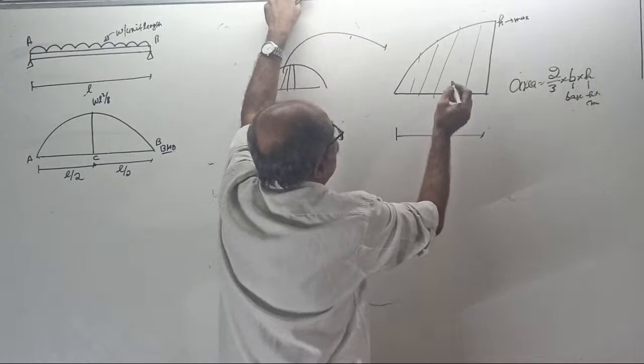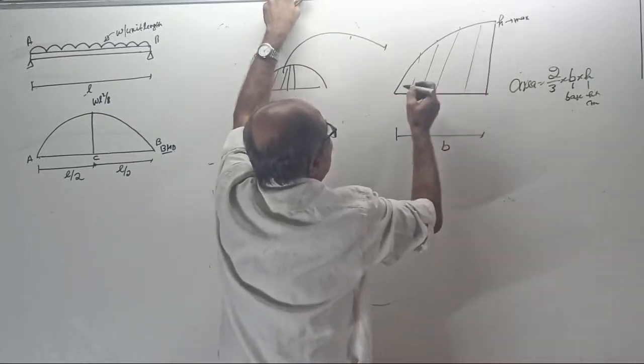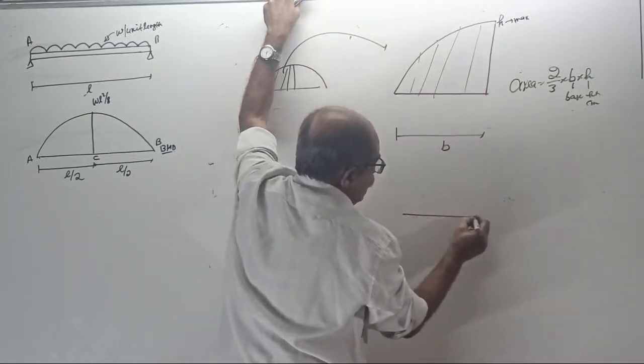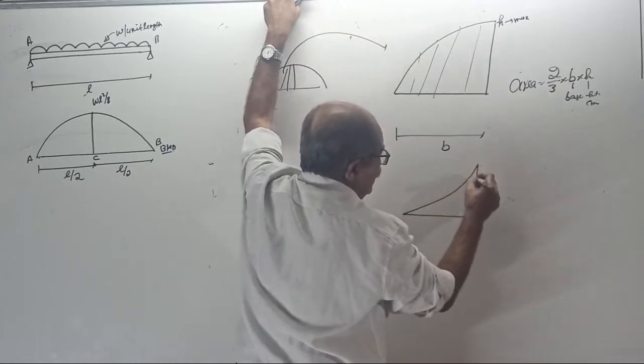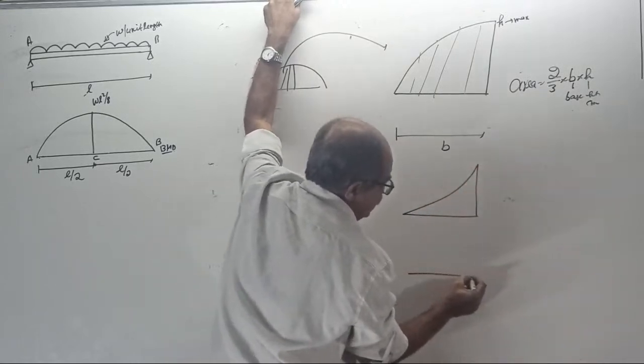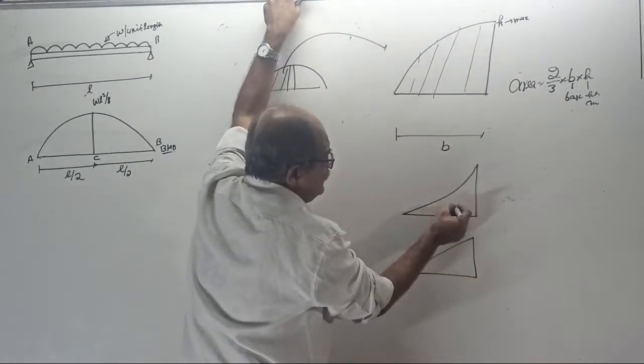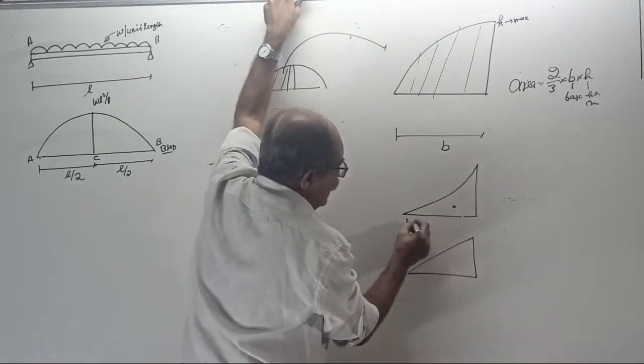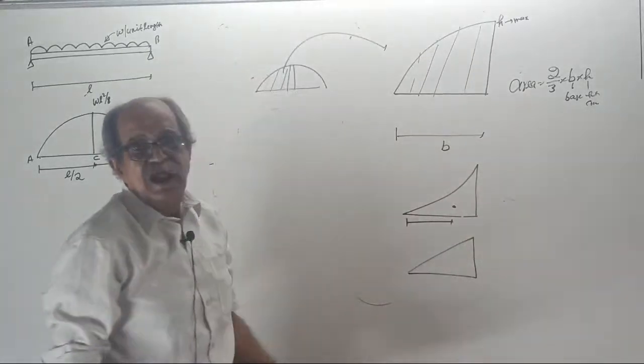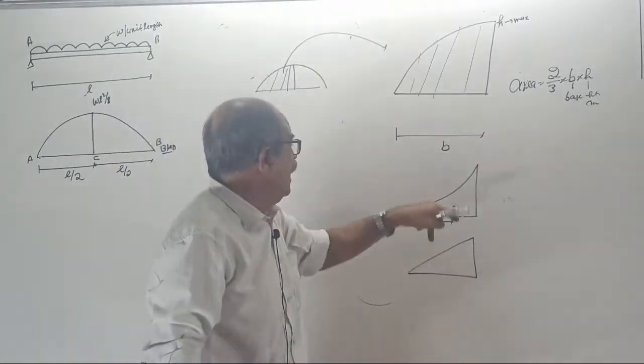Now, if it is a straight line, or if the parabola is this way, or a triangle, see now, if the parabola is this way, CG will be here. Anybody can tell me this number? I told you for cantilever parabola, this number.